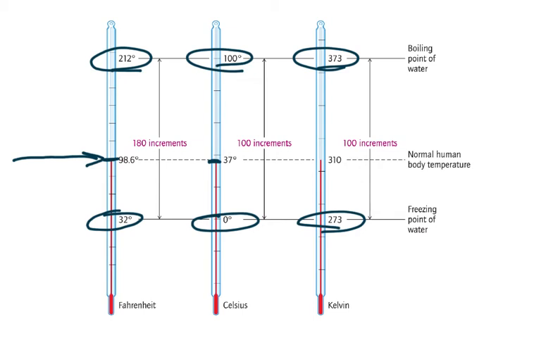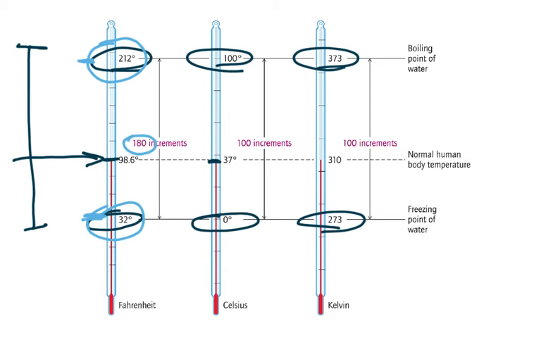So now let's look at the increments between freezing and boiling. And in Fahrenheit, these numbers seem kind of random, right? And they kind of are, to be honest. So between freezing at 32 and boiling at 212, we have 180 degrees. So 180 steps between these two differences.